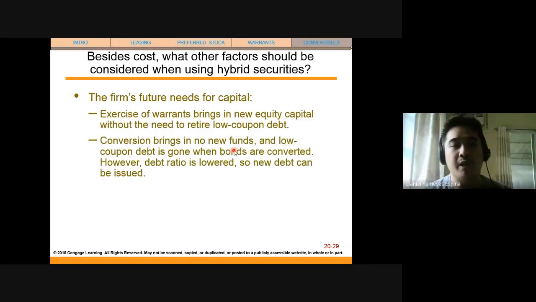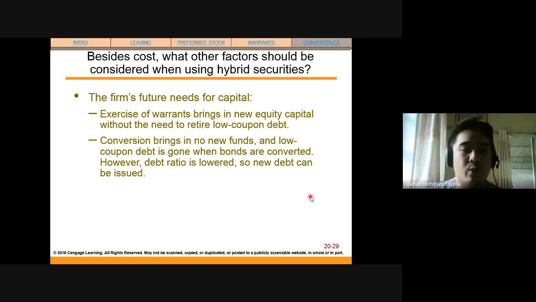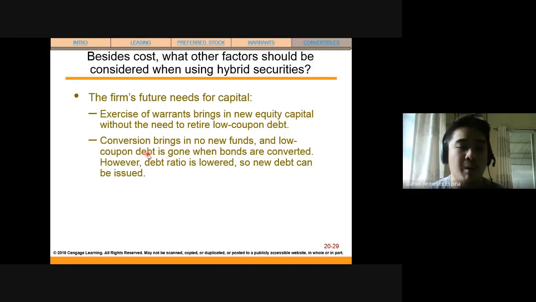Conversion brings in new funds and low coupon debt is gone when bonds are converted. So if the bonds are converted into stocks, mogamay ang liability pero musaka ang equity. So pag gamay ang liability, pwede na pod mag issue og new debt.